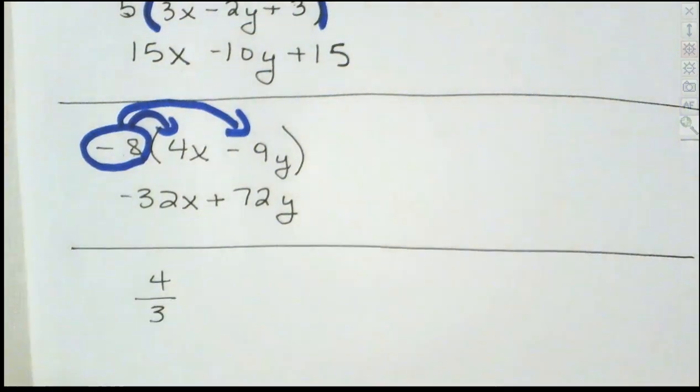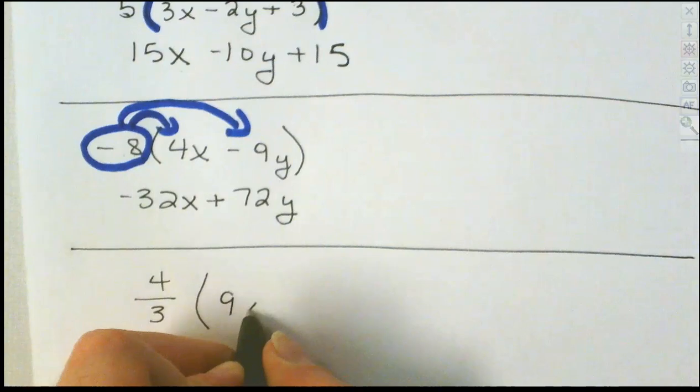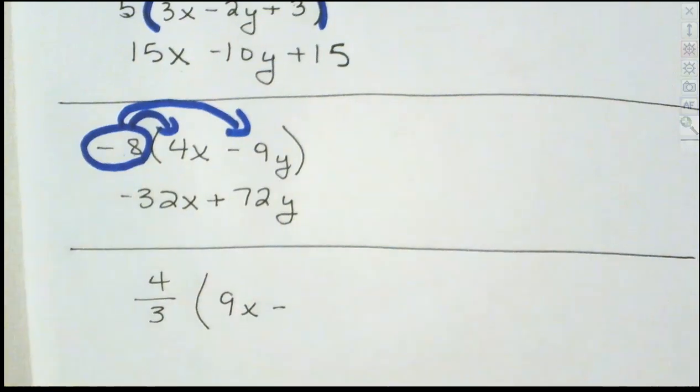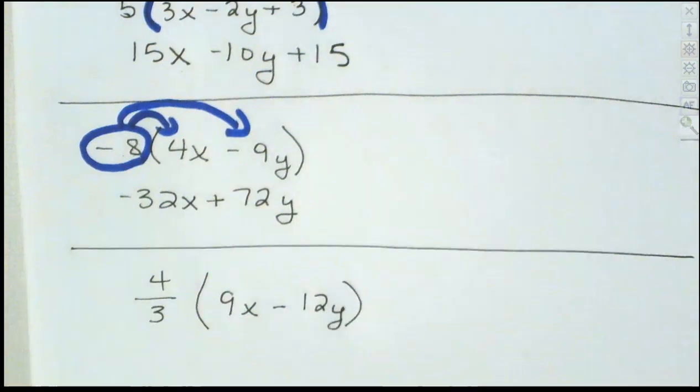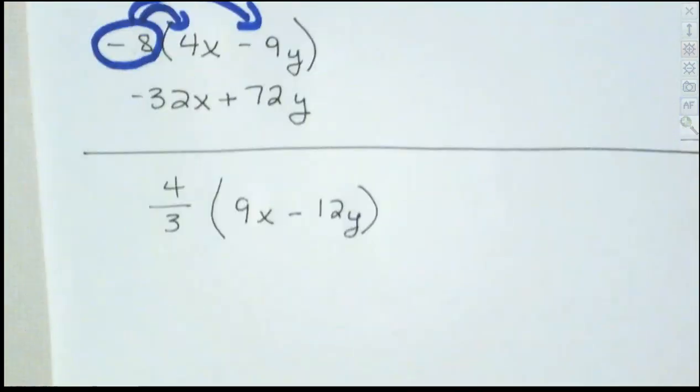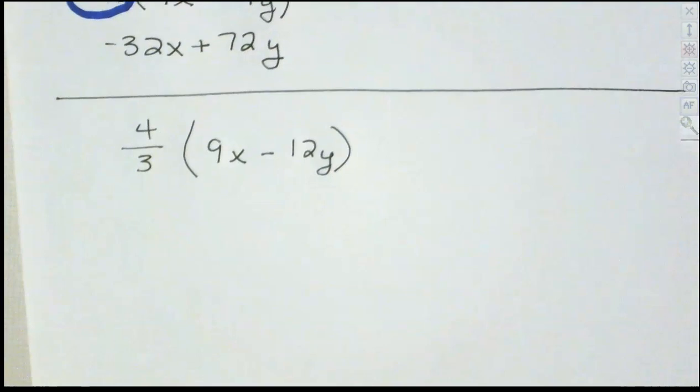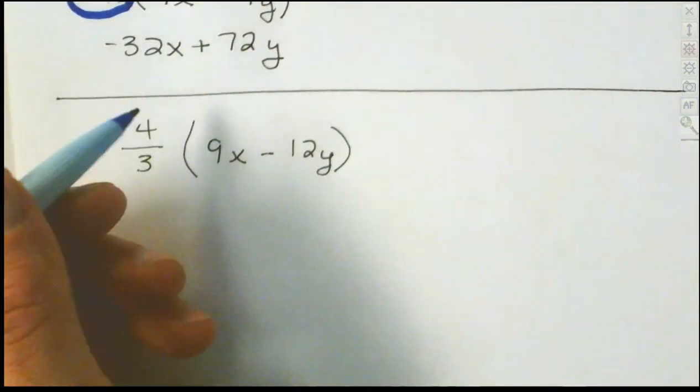Let's do 4/3 times, how about 9x minus 12y. So I want you to use the distributive property on this one. Now, if we have fractions, we're going to distribute it through the exact same way.